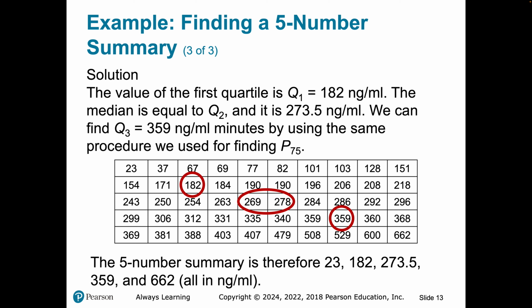Q1, that 182, turns out to be just the median of the data below the median, and 359 turns out to be the median of the data above the median. So the 5-number summary in this case would be 23, 182, 273.5, and so on.